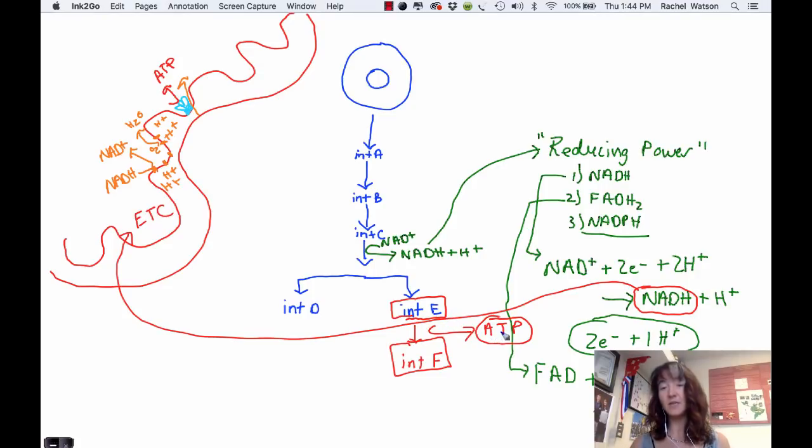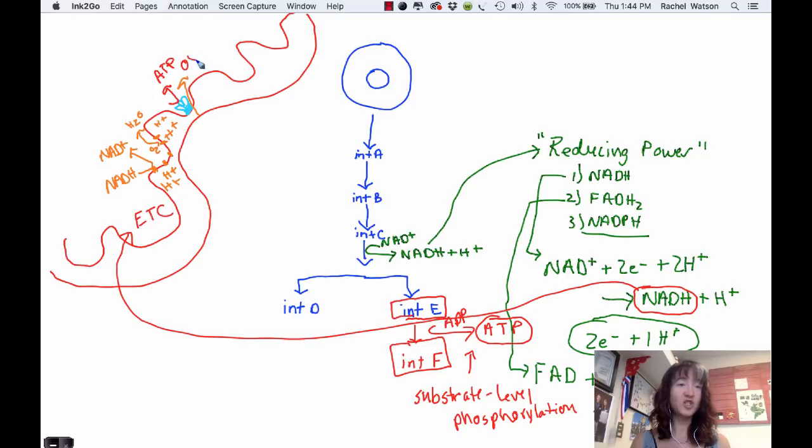So when ADP is phosphorylated, that ATP is made via something we call substrate level phosphorylation, different than OX-phos. And let's label OX-phos, oxidative phosphorylation.